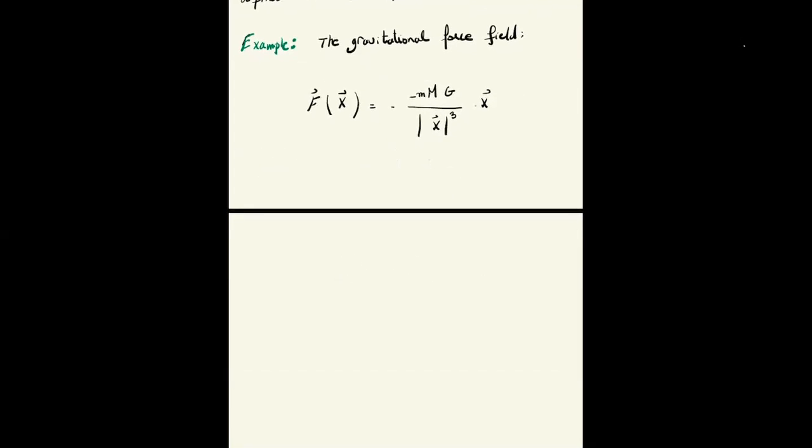So if you have, I don't know, the mass of the sun, and then you have the planet Earth, then you will have a force that goes along the direction, but directed toward the sun, right?